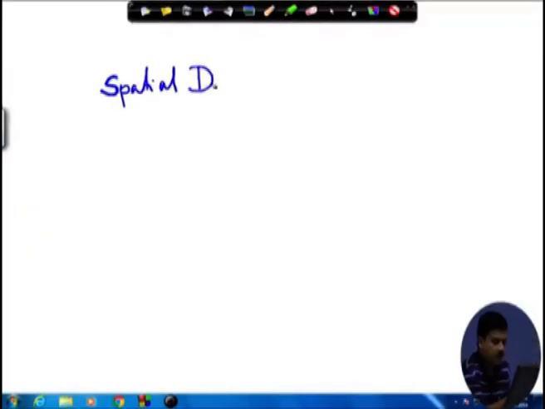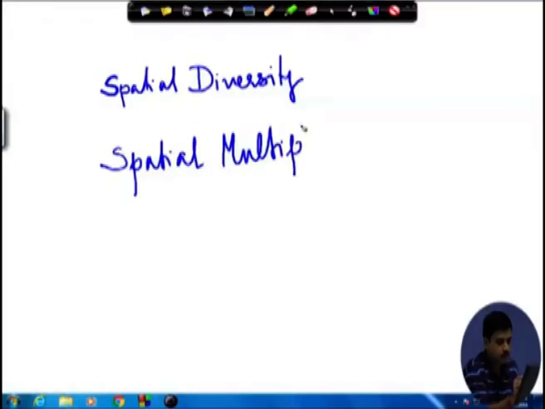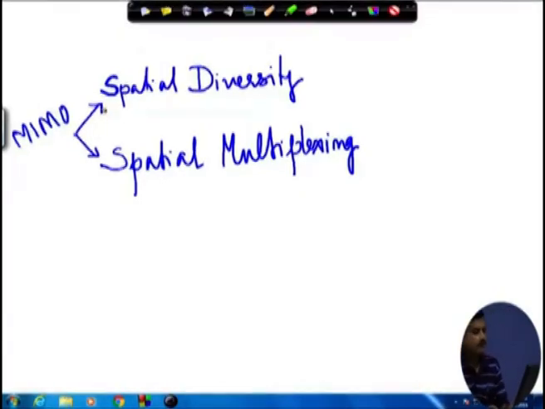Usually the study can be looked at from the point of view of spatial diversity, and the other thing we have is spatial multiplexing. These are the two very important things in MIMO communications. Of course, there are beamforming and other things, but these are primary, based on which many things evolve.